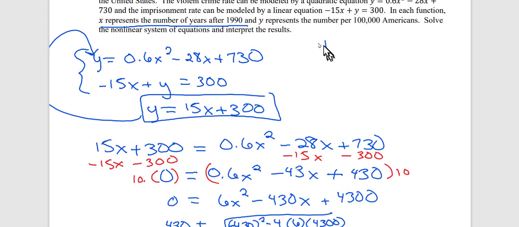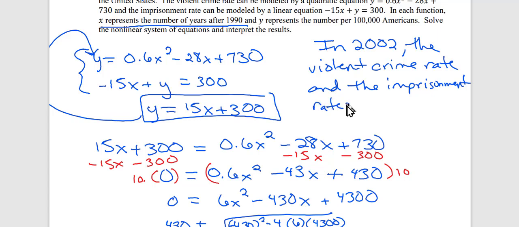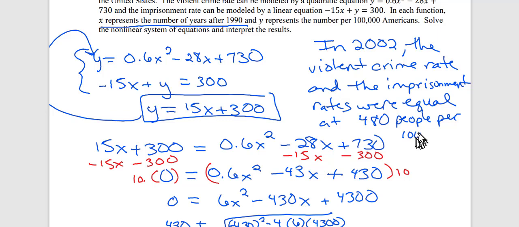So we are saying, let me write it up here: in 2002, the violent crime rate and the imprisonment rates were equal at 480 people per 100,000 Americans.